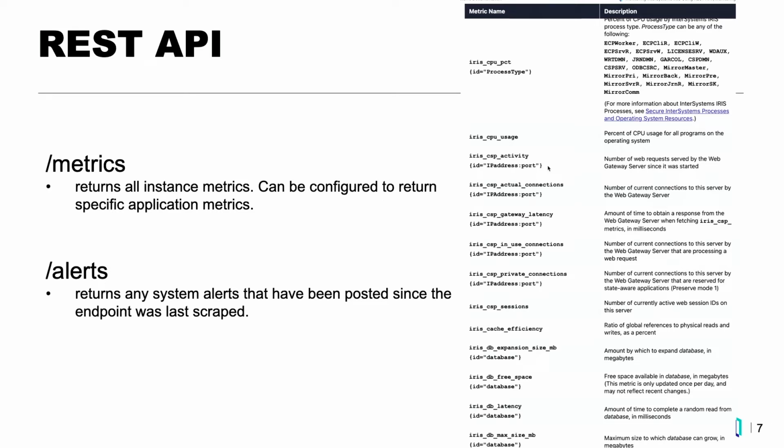One is Prometheus, which is for consuming the metrics you get at the endpoints. So, for example, this one is saying we've got CPU usage, and that'll be a number. We've got number of CSP sessions, cache efficiency, how much database free for all your databases. So all of this information is available now just through an API call.